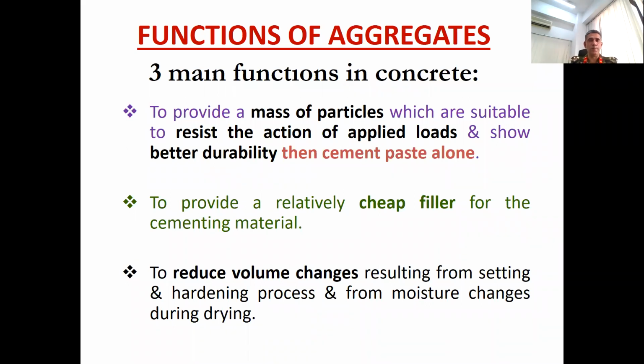Also, it shows better durability. You can make a plain cement concrete without any stone chips or brick chips. But if you compare concrete made with cement paste only and concrete made with stone chips, you will find that concrete made with stone chips has better durability and better resists the load that comes onto it.